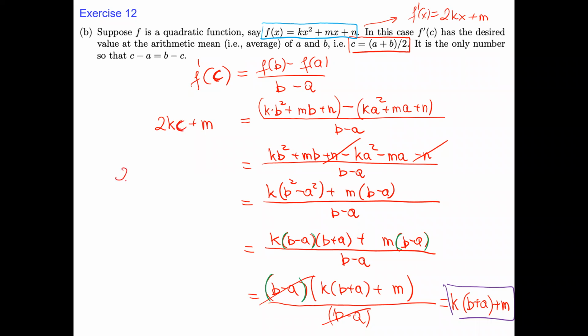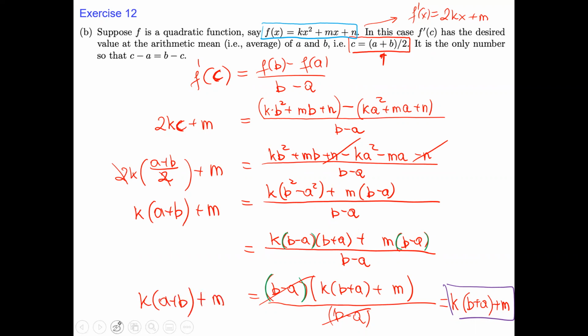Now 2k, and we can substitute that value: a plus b over 2, plus m. We can cancel out 2, and we're getting k times a plus b, plus m. I'm just wishing to have one extra line. This is the same as this one. That's when we can say, yes, this is the value c that satisfies the mean value theorem.